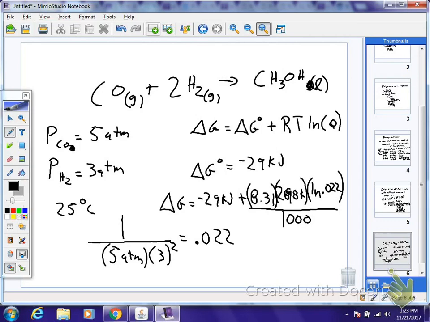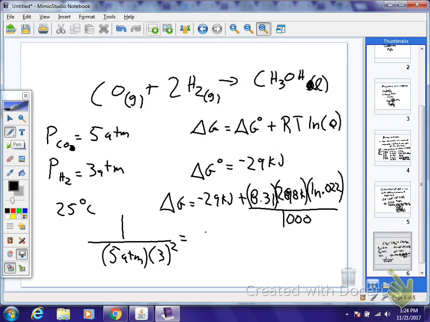Okay, so what did we get for a final answer once we plug all that in? Negative 38,451 joules. Add the 29. What did you get for this part? I converted the kilojoules into joules. I got negative 9,451 joules.